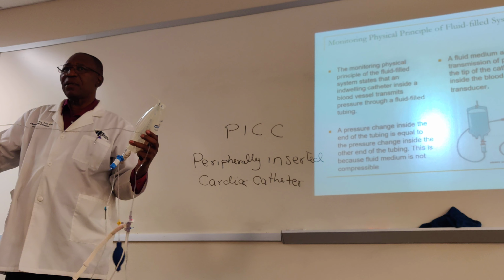So once you get this end here connected to the catheter inside the blood vessel, because you put your catheter inside the blood vessel, like an artery. If you're doing an A line, you put the catheter inside the artery.